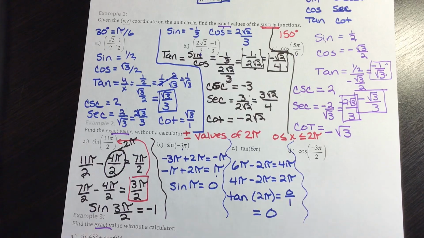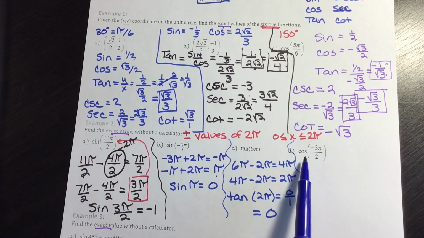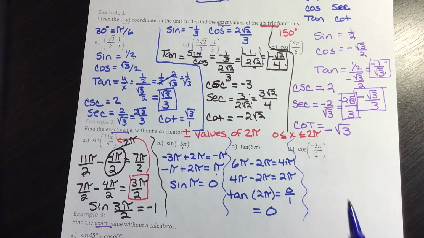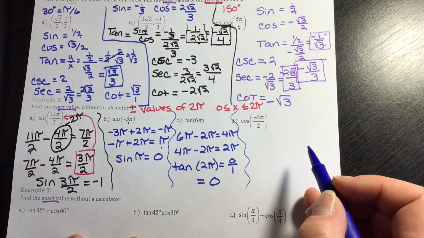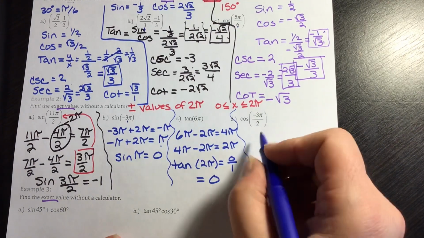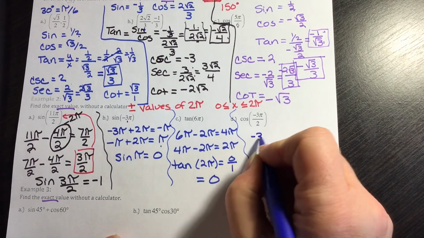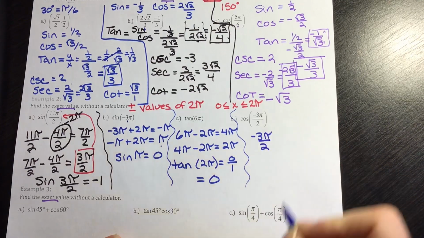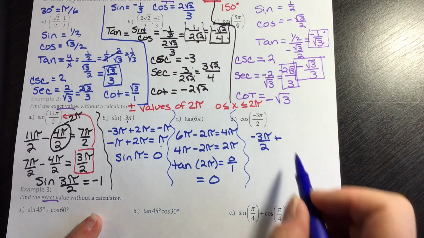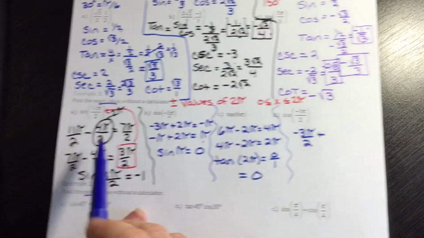And last but not least, I need cosine of -3 pi over 2. Let's find our angle that's on the unit circle. So I'm going to have -3 pi over 2, and I'm going to add a full revolution around the circle, which we did over here.